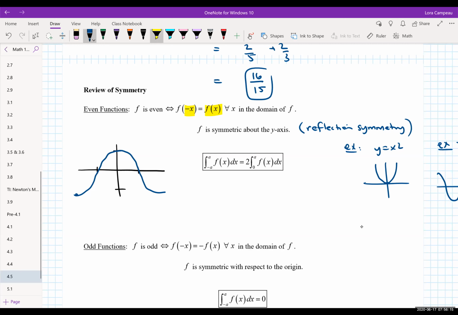Look at your limits of integration with me. See how we're going from negative a to positive a, as long as we are symmetric about the y-axis. That's negative a, and that's positive a. When talking about integrals, a lot of times you can relate it to areas under curves.